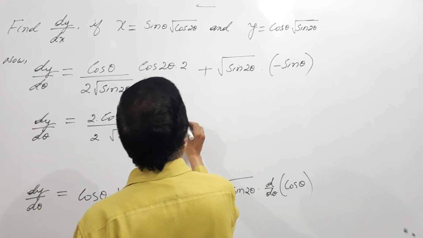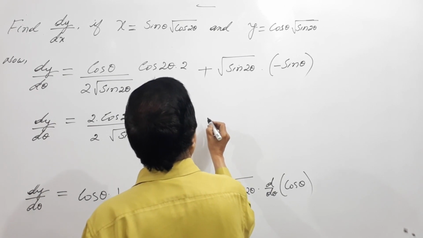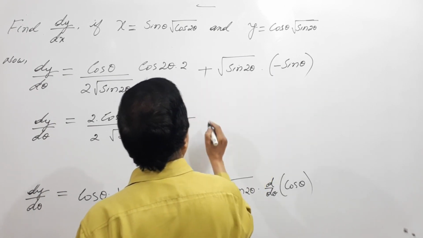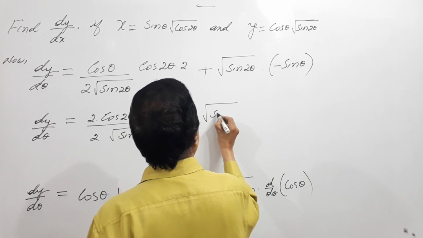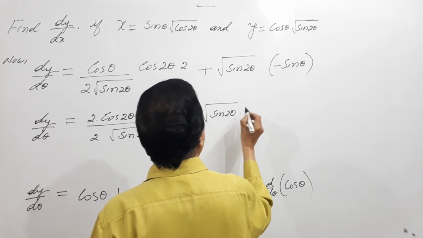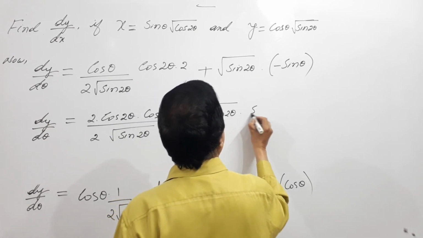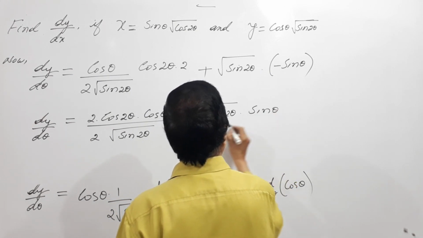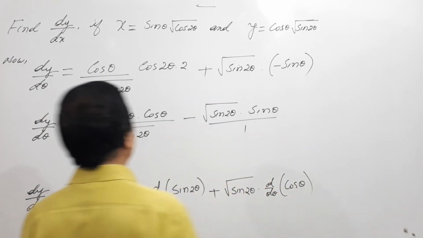I'll take this minus value, minus into plus minus, so this becomes sin 2 theta into sin theta by 1.